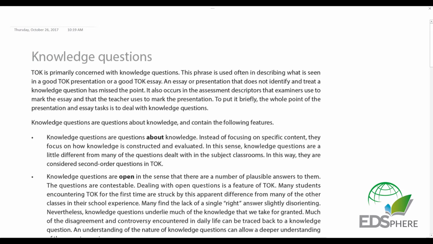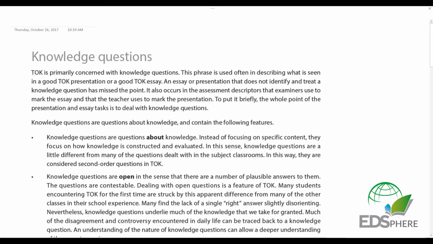So we're going to look into the IBO guide, I think it's page 20 of the IBO guide on the TOK last updated 2015 syllabus. It actually says clearly what a knowledge question is, because I've been asked by many of my students, hey Ringo, hey Mr. Chu, what is a knowledge question?